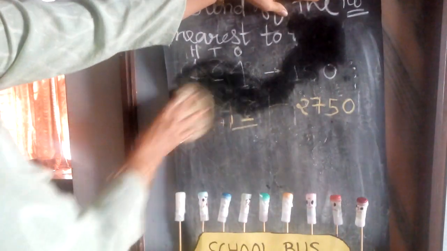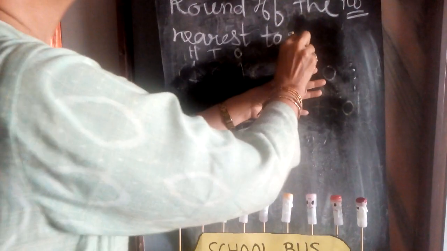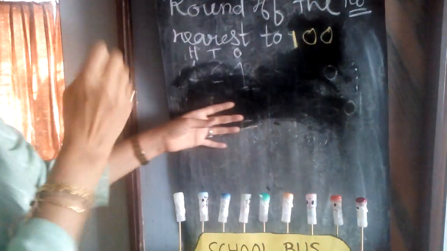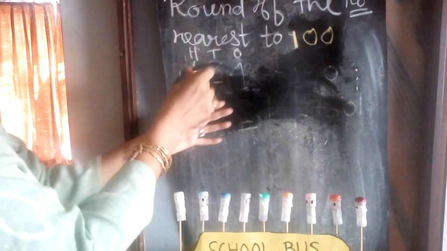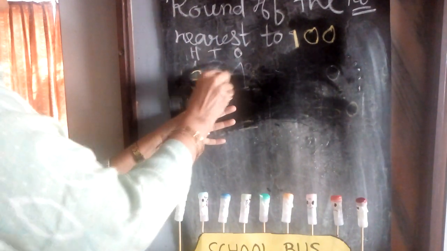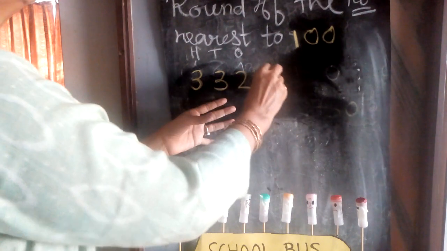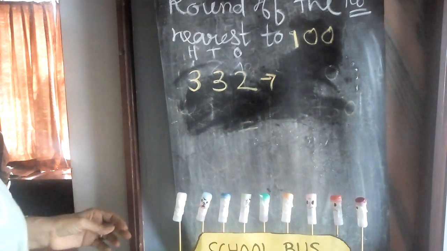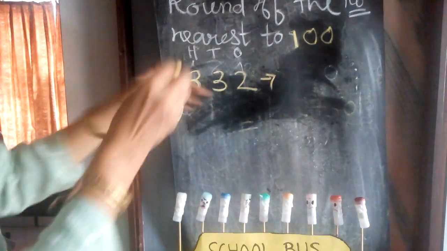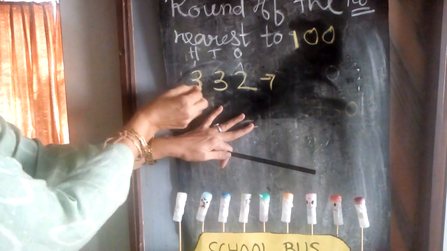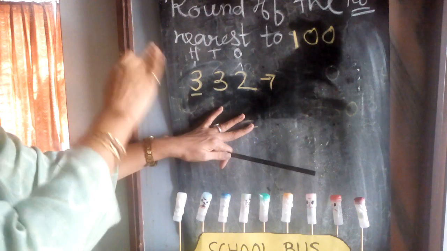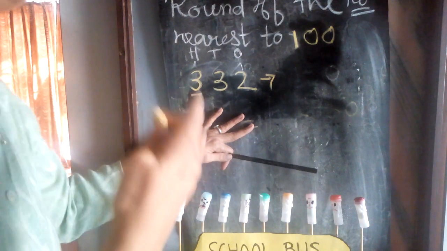Now rounding off to the nearest 100. And your number is suppose 332. Now children, when it is asked to 100, so ones, tens, 100, now you have to check your hundreds place, but you are making changes in tens place, one number behind.